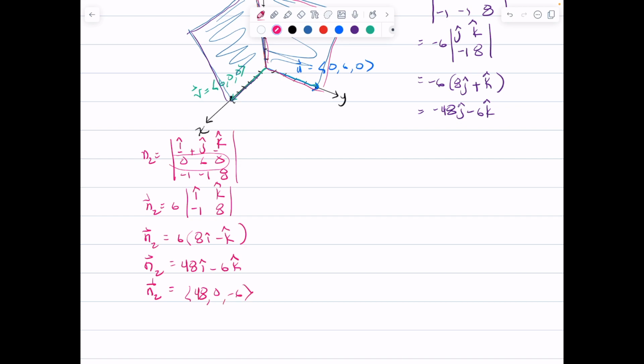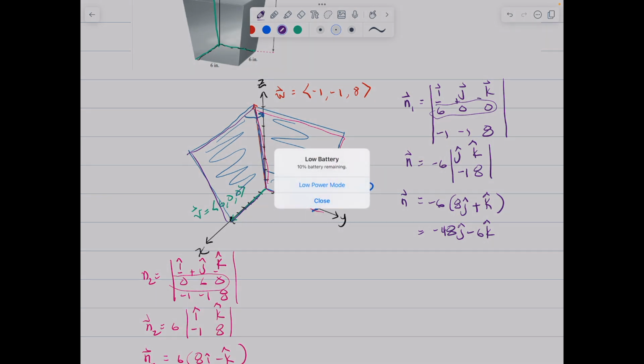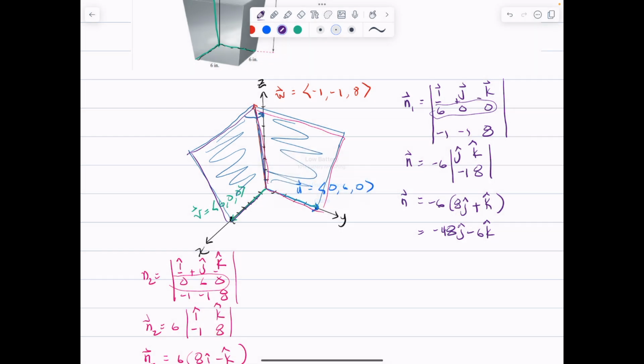The other one, we called it N1, will be in component form 0, -48, and -6.